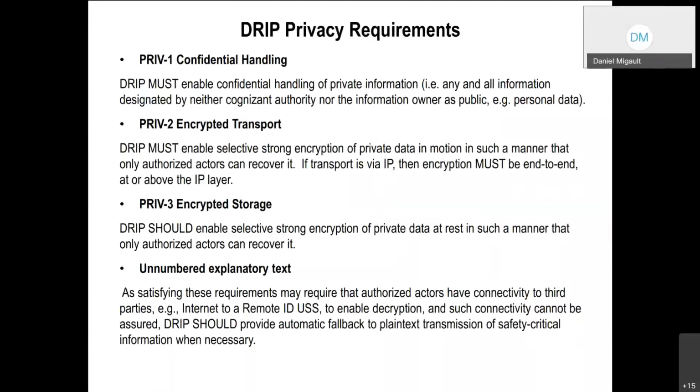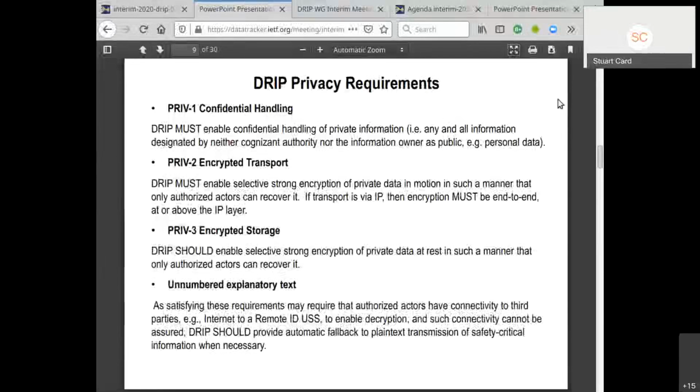Now, there's a lot of debate on the privacy stuff because it's a balance between privacy of the operator and transparency of what's going on in the airspace around me as a member of the public who presumably has a legitimate right to know what all this buzzing is that's going on over my head that potentially might fall on my head. I guess all I can do right now is note that there is tension between those two competing concerns, which is why in the initial regulations and the ASTM standard, everything is clear text.